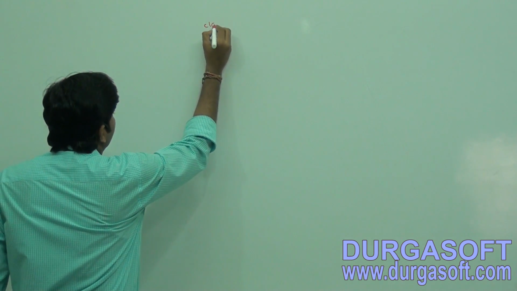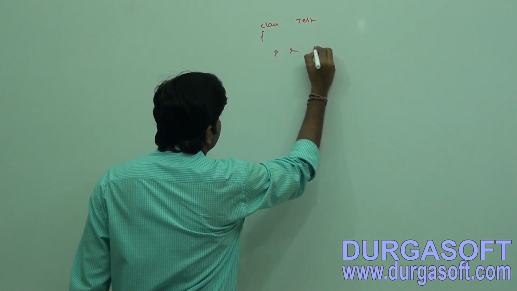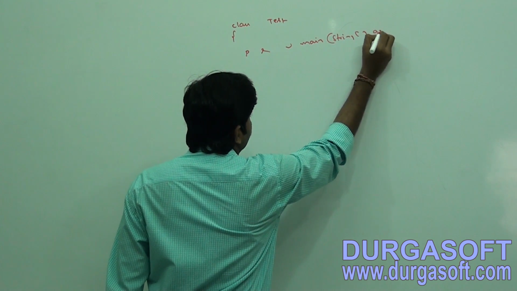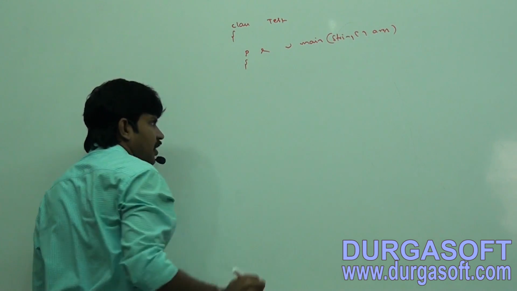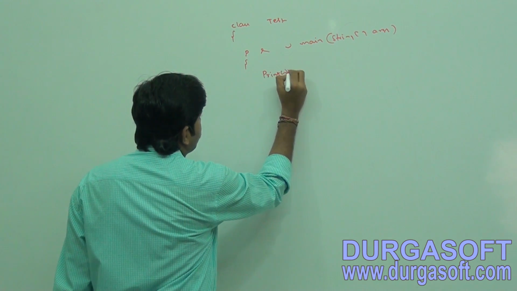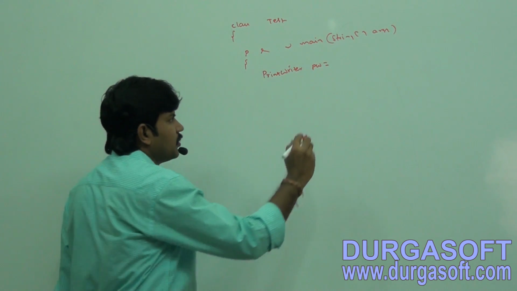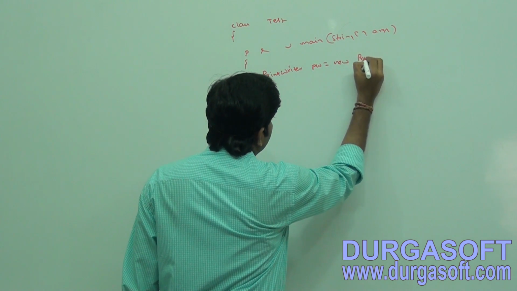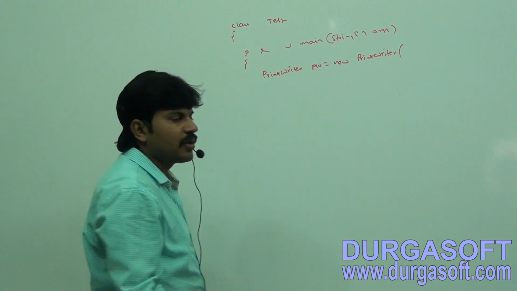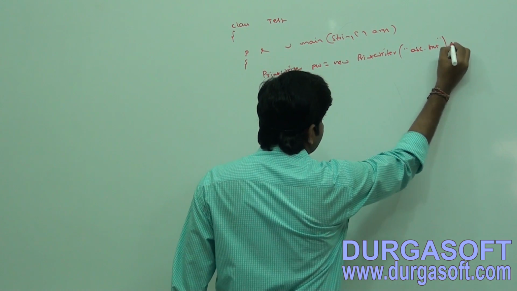I'm taking a simple example: class Test, public static void main, String array args. Now I'm taking PrintWriter pw is equal to new PrintWriter of abc.txt.